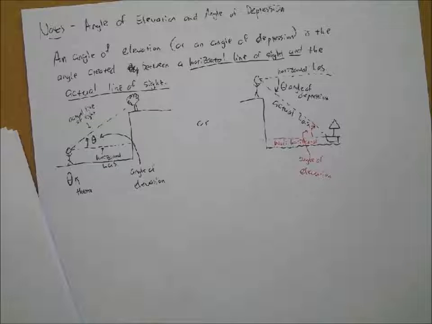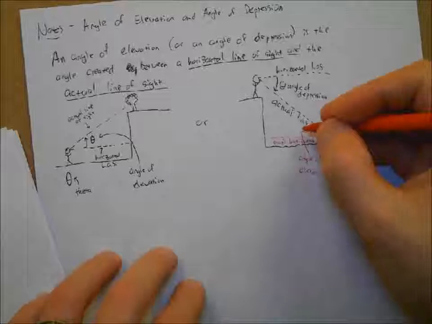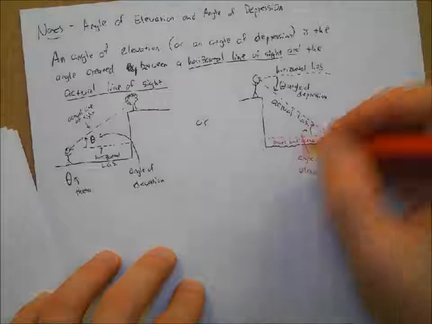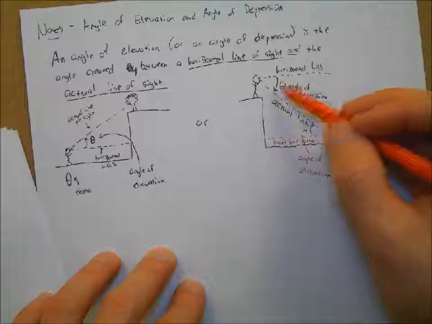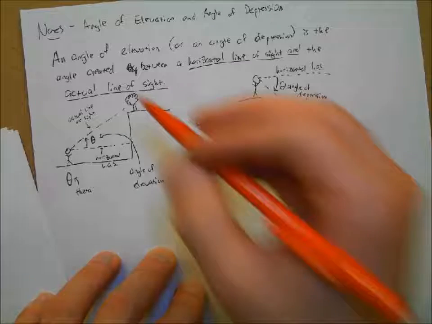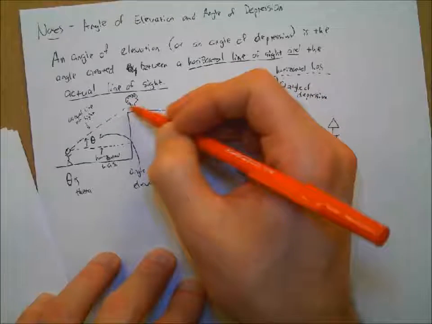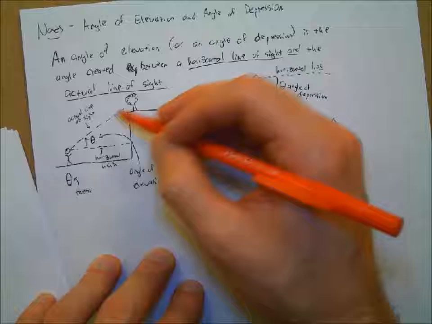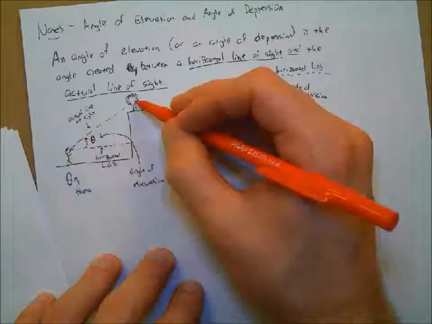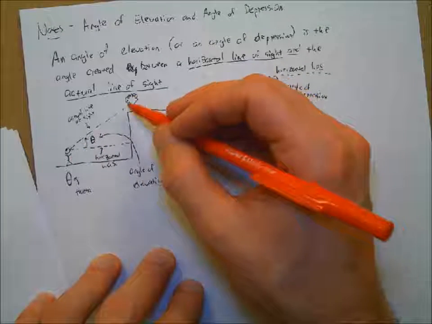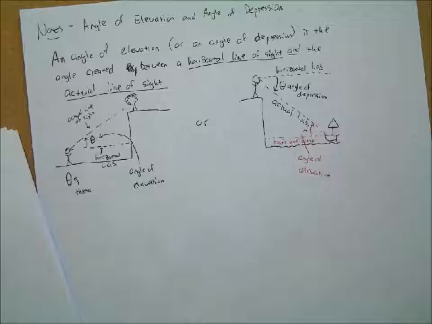So the angle of depression to observe something is the same as the thing being observed's angle of elevation. So these two angles here are equal. And likewise here, if someone were at the tree observing the person down there, the angle of elevation of the person to the tree is the same as the angle of depression of the tree to the person.